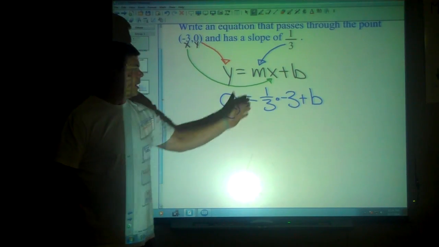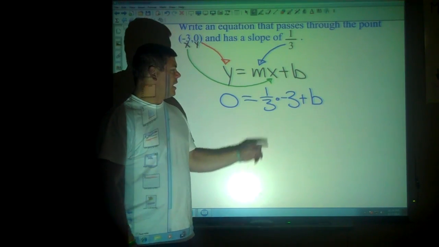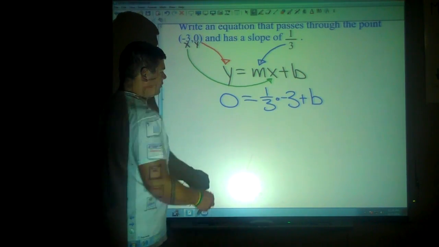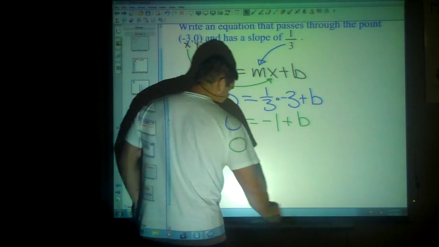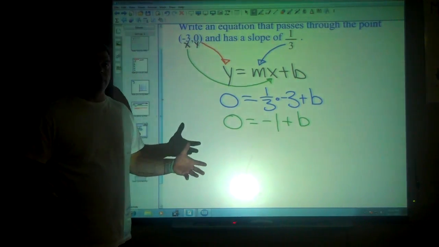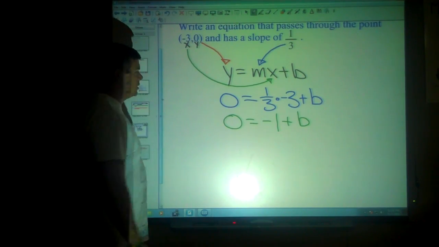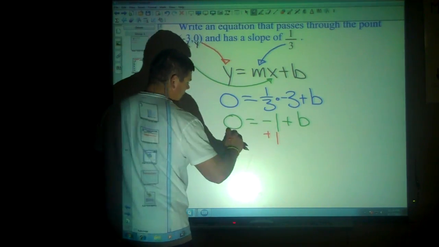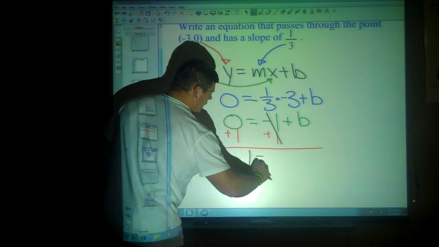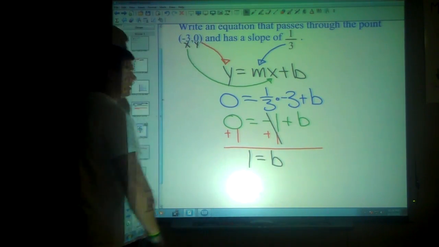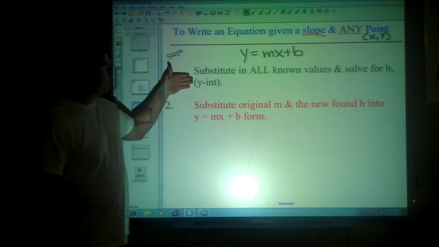A positive times a negative makes a negative, and 1/3 of -3 would be -1. So I now have 0 equals -1 plus b. I'm only one step away from finding out what the y-intercept is. Add 1, and I'm all finished with 1 equals b. This is all step number 1.